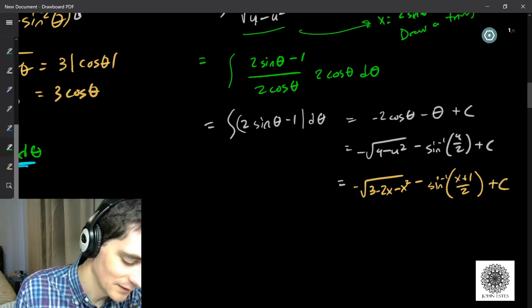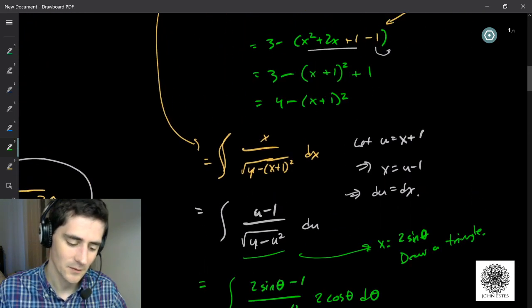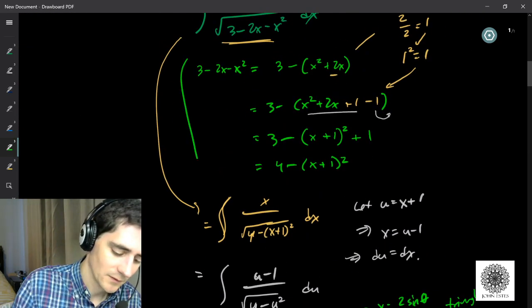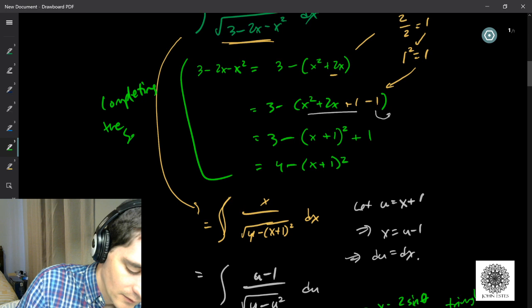That is an awesome, awesome example. And it's really not anything new except that we had to remember to complete the square. So this is completing the square here, which is a big deal.